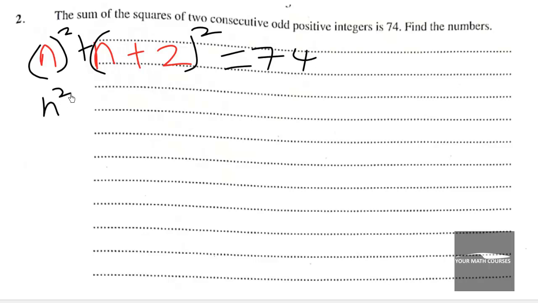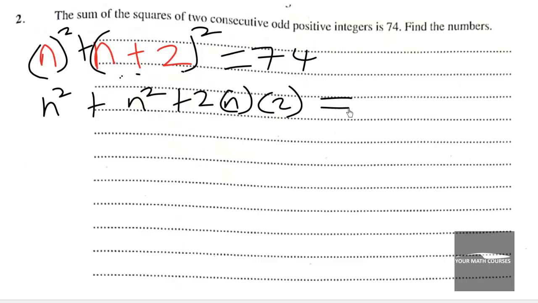So we have n squared plus (n plus 2) squared. Expanding this bracket, that will be n squared plus 2 times n times 2, plus 2 squared, is equal to 74.